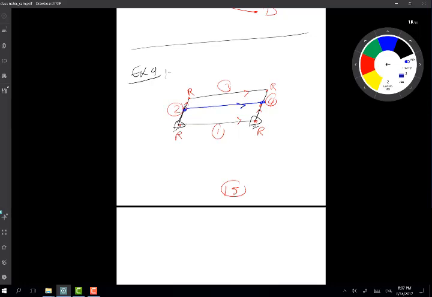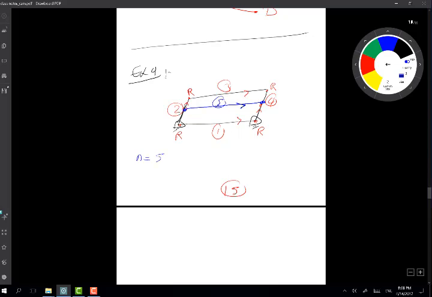Now, based on geometry, you can guess it's going to rotate, right? This added link number 5 is not different from link number 1 and link number 3, as long as it's still parallel and equal. So now let's calculate degrees of freedom.